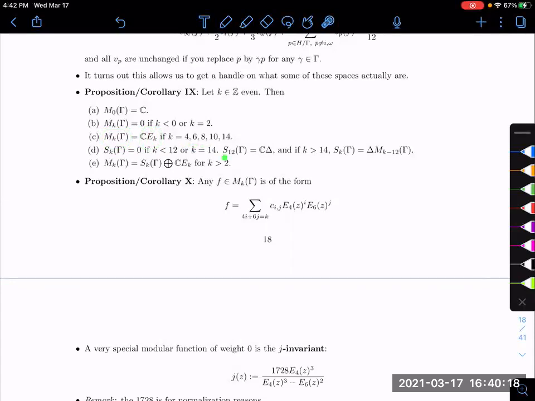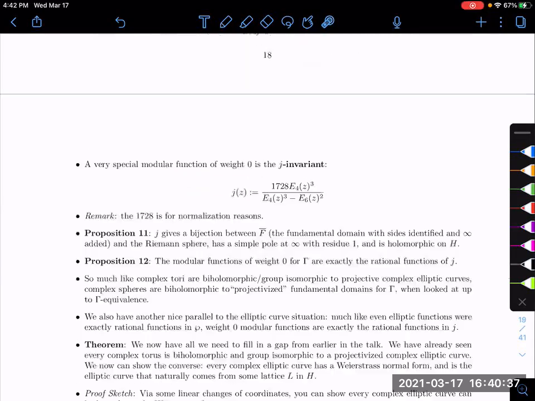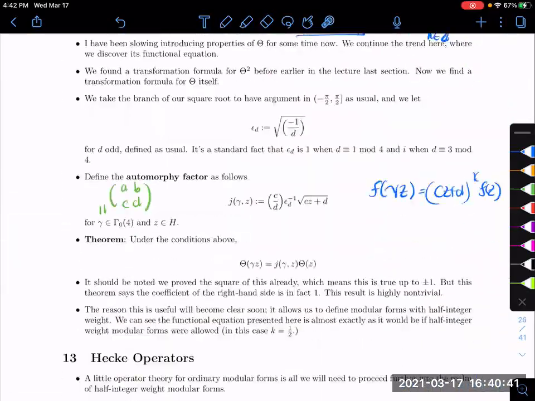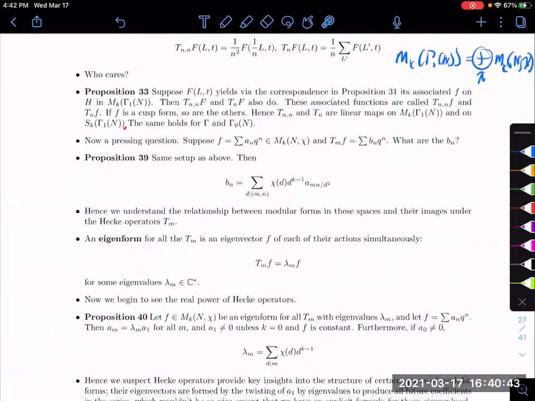And we knew they played a huge role even if k wasn't one of those values. They basically generated everything except for the space of cusp forms. But what I'm telling you now is not only do they do that, but they are actually eigenforms for all of the Hecke operators T_m at once. So they're playing a crucial structural role, all right? So now back to where we were.